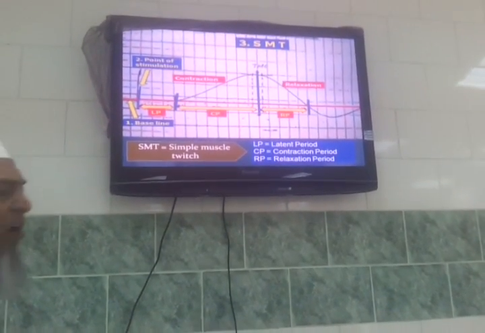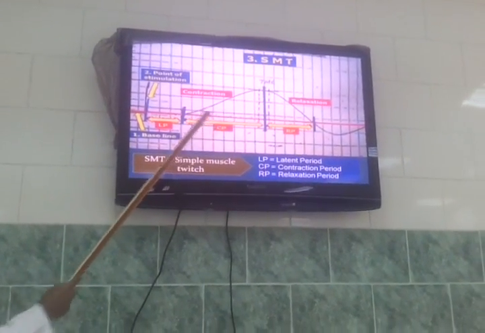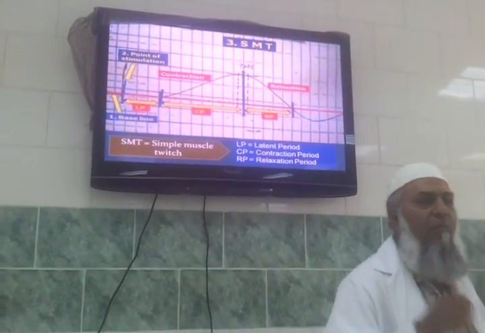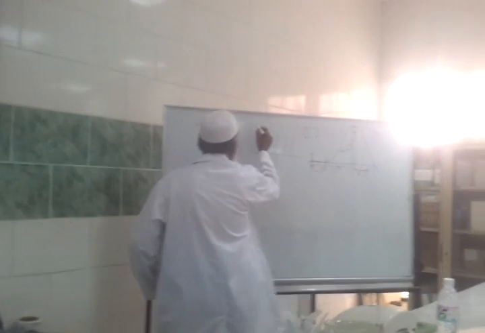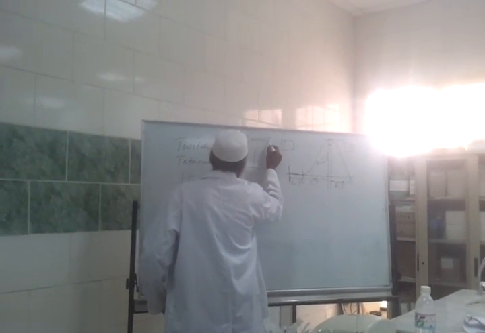But usually, while recording the simple muscle curve, we keep the paper speed at its maximum, and the maximum speed is 625 millimeters per second.